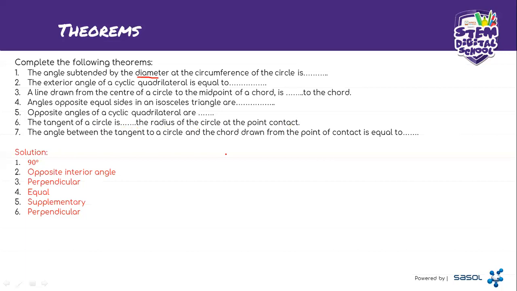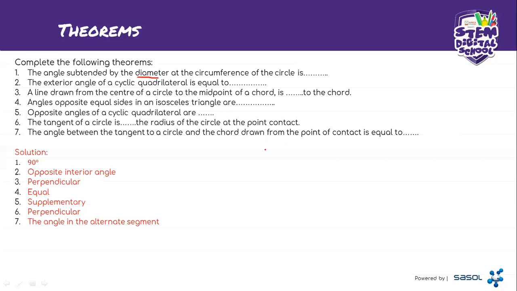Number 7, the angle between the tangent to a circle and the chord drawn from the point of contact is equal to the angle in the alternate segment. The angle between the tangent to a circle and the chord from the point of contact is equal to the angle in the alternate segment.